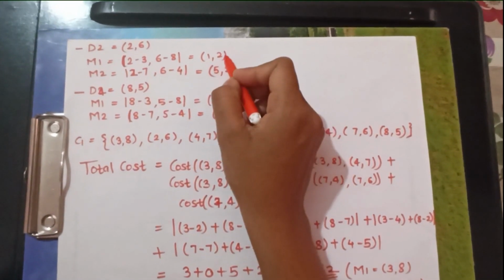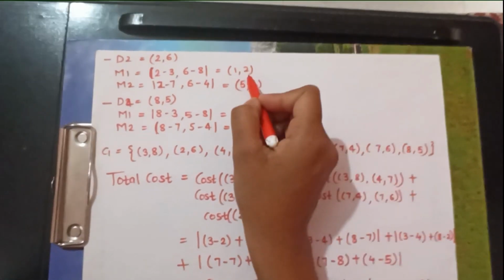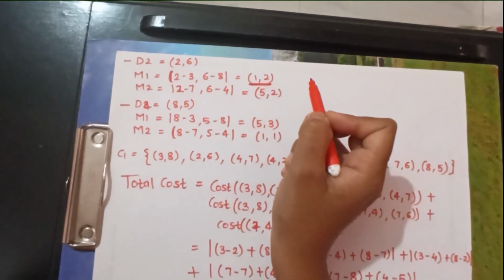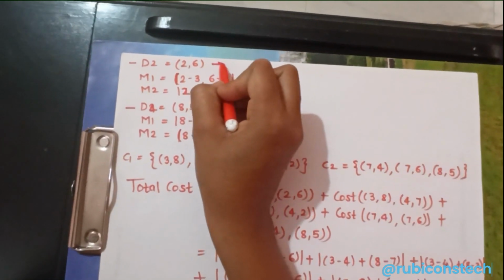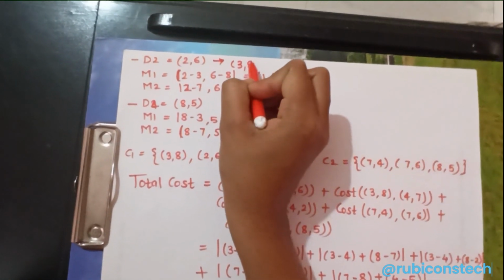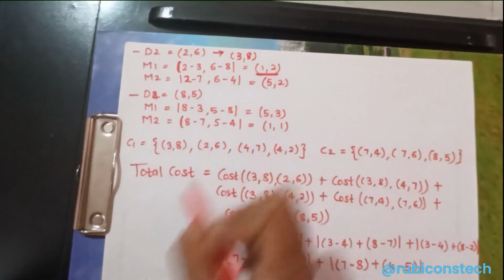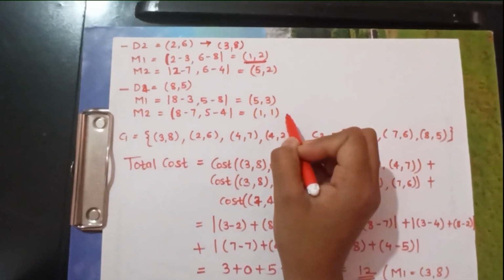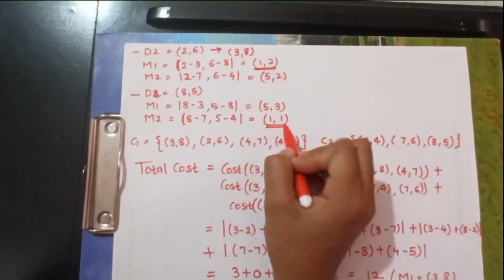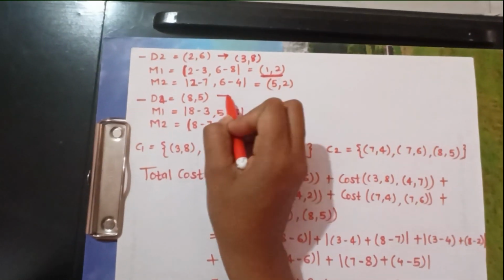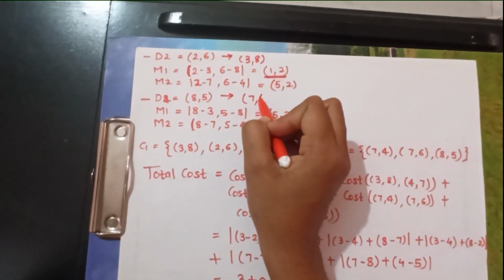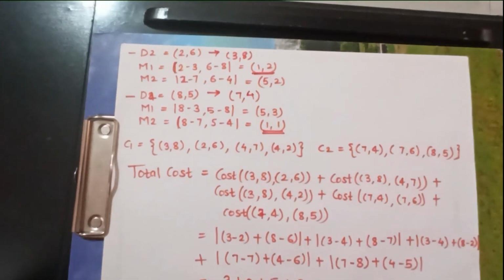For data point 2, 6, the distance shows it is near to your medoid 1, so the data point 2, 6 will lie in the cluster where you have the medoid as 3, 8. Similarly for data point 8, 5, you can see the distance is minimum for medoid 2, so 8, 5 will lie in the cluster where you have the medoid as 7, 4.